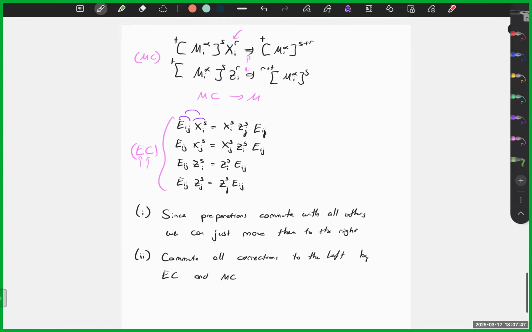But using these rules, we can just merge it into a measurement or just conjugate it, commute it with the entanglement operations to make them appear on the left.